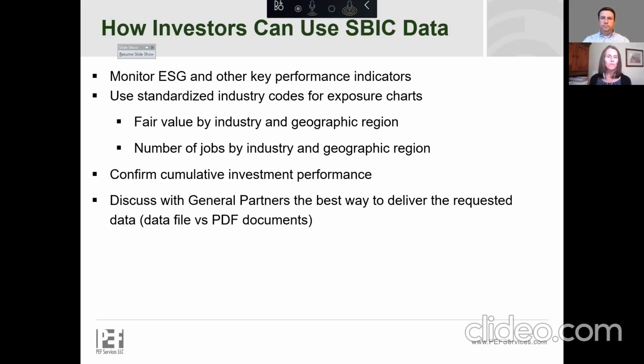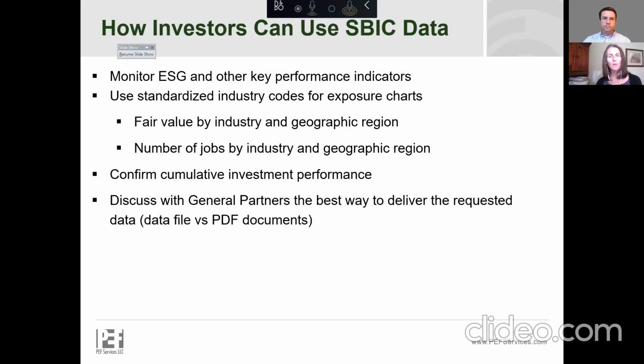But most of the fund managers will have, especially when it comes to the cumulative investment performance, that available in some kind of Excel or database format. It's just a matter of what level of detail.